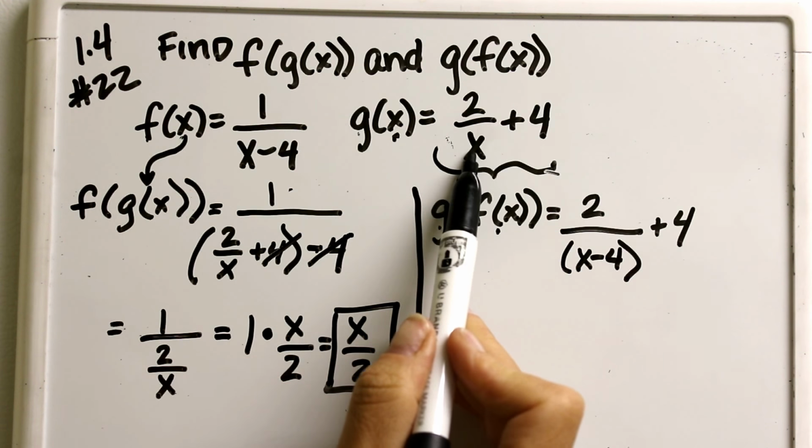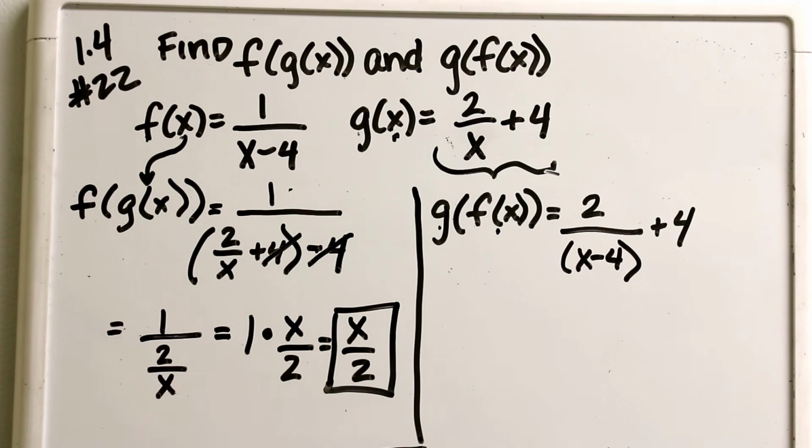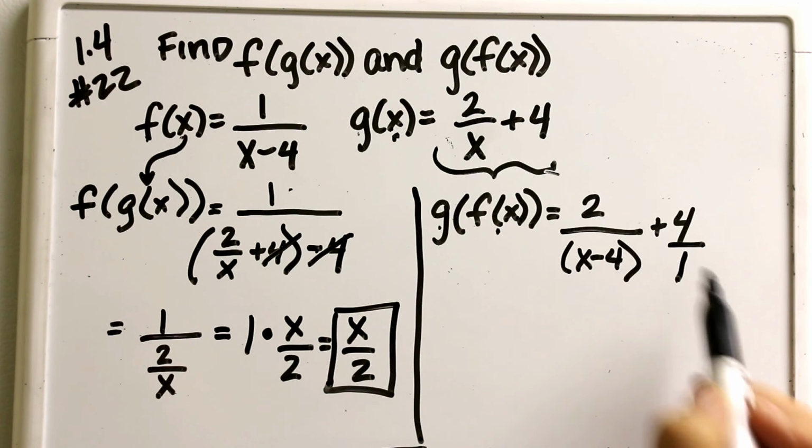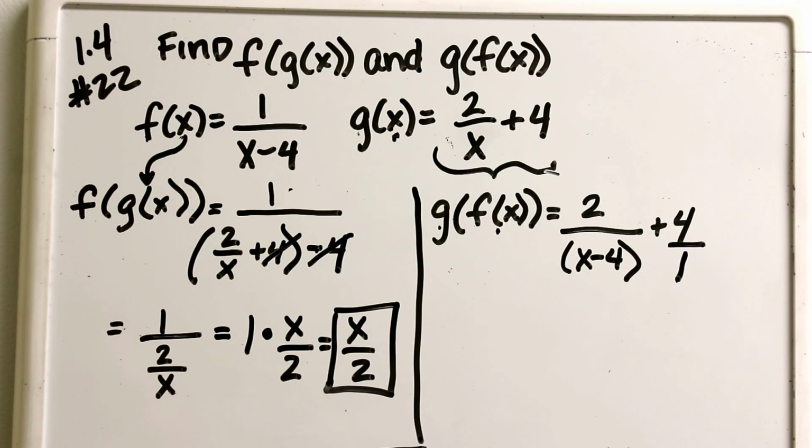Now that I replace the x with the f function, I can simplify. In this case, since 4 is like 4 over 1, we could find a common denominator.